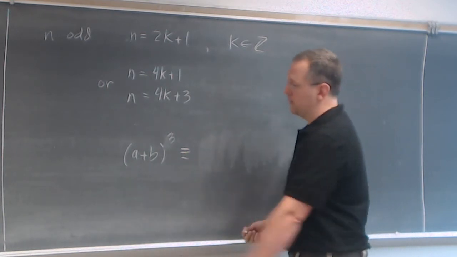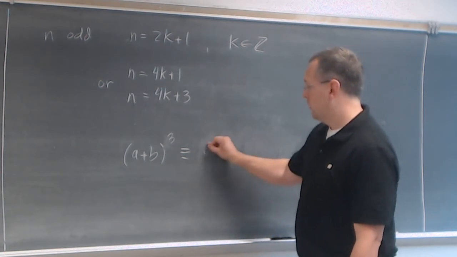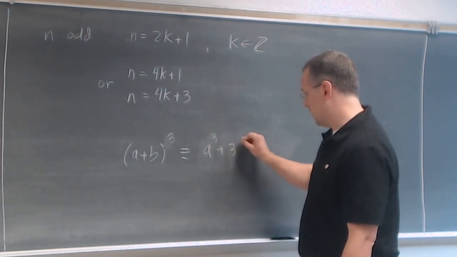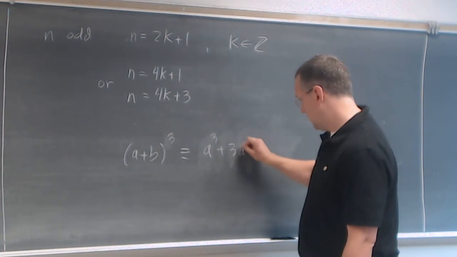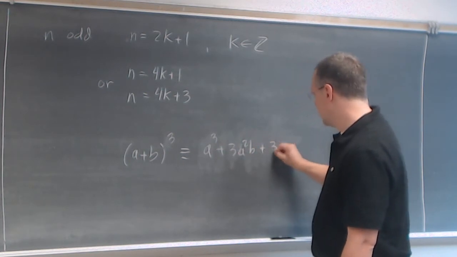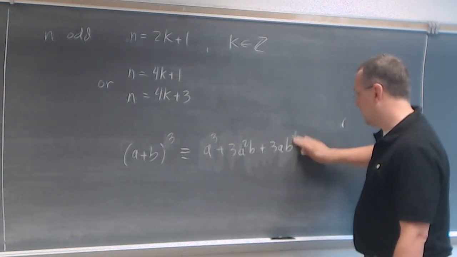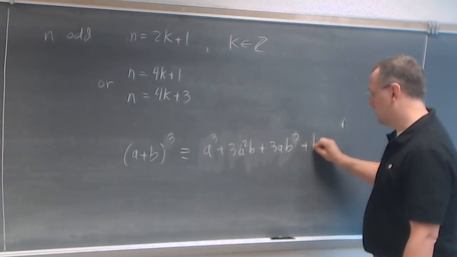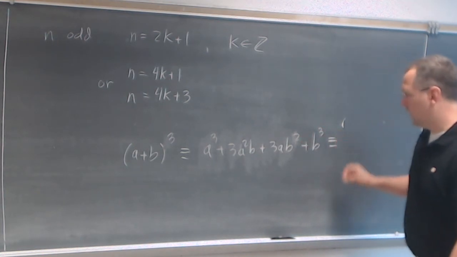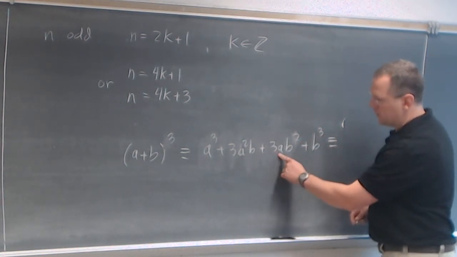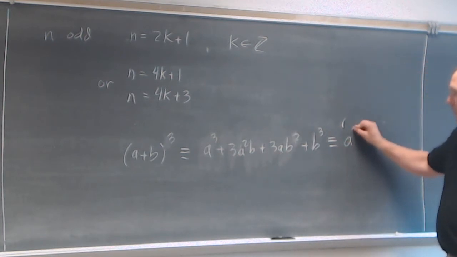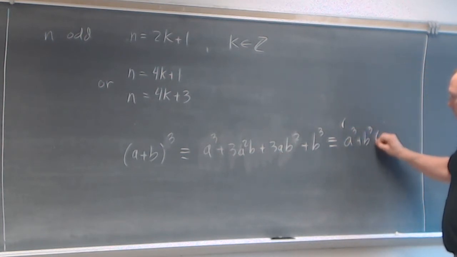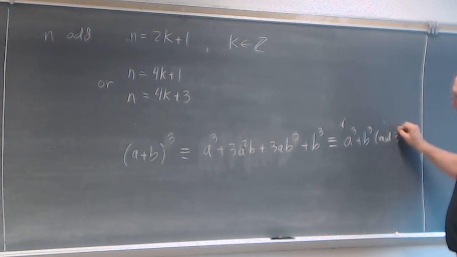You just say, a plus b cubed is a cubed plus 3 times a squared b plus 3 times a b squared plus b cubed. Then this is 0 mod 3, this is 0 mod 3, so that just equals a cubed plus b cubed mod 3. That's really all you have to say.